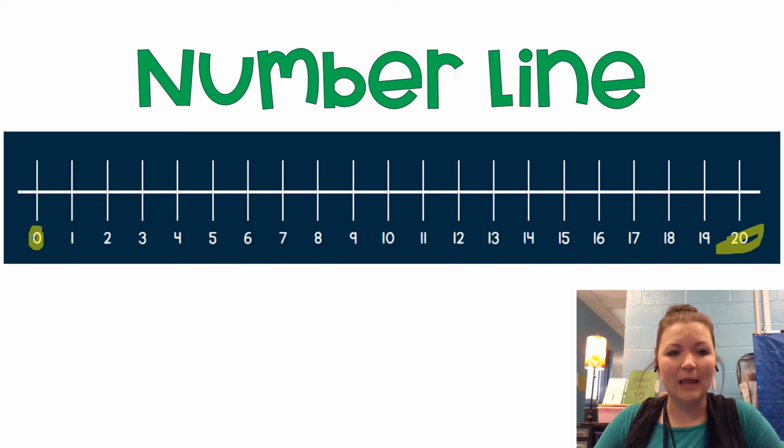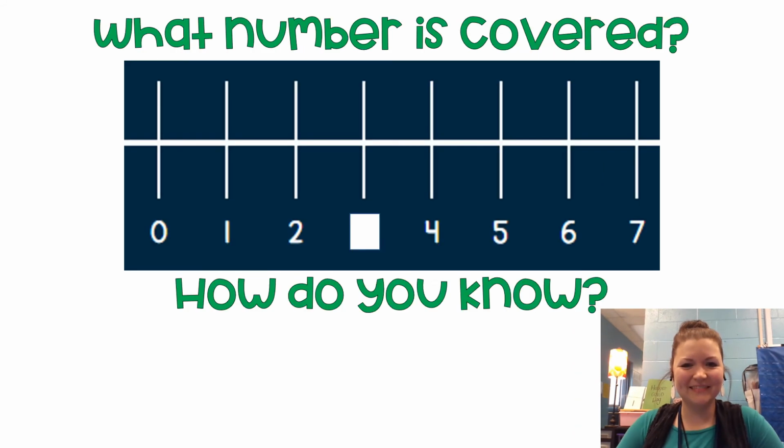Each one of these lines right here represents a number. See how it has a number underneath? Okay, let's see if we can do some missing numbers now. See if you can figure out what number is covered up right here. Say it out loud.